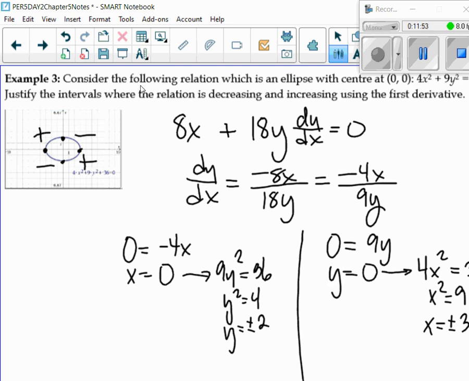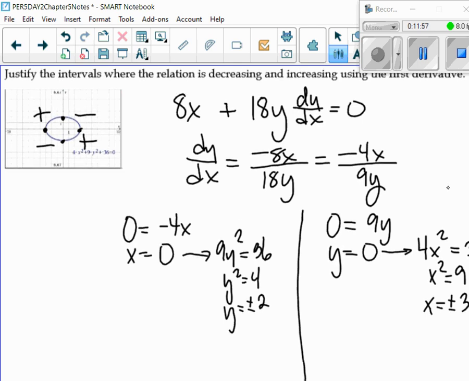Okay, so now how are we going to actually say this? If you didn't have the graph provided, I would probably just plot this really fast, right? So this is (3, 0), this is (0, 2), negative 3, 0, and this is (0, negative 2).